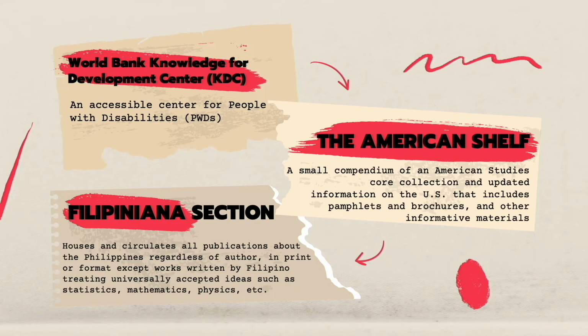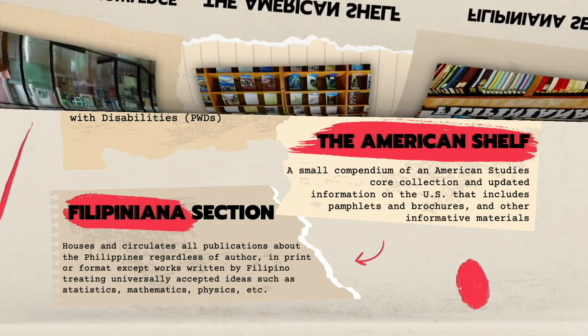The last section that is found in Philippine academic libraries is the Filipiniana section. This section houses and circulates all publications about the Philippines, regardless of author, in print or format, except works written by Filipinos treating universally accepted ideas such as statistics, mathematics, physics, etc. Here are some of the examples.